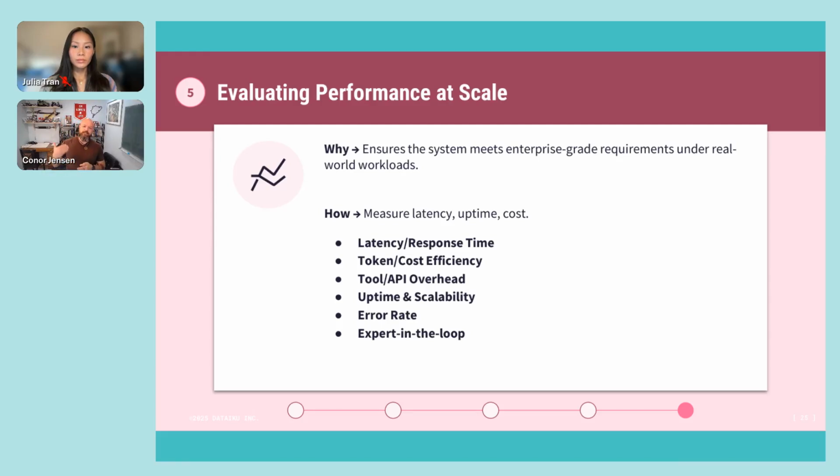So ensuring that we're meeting enterprise grade requirements under real world workloads is easy to say, hard to do. This tends to be something that you have to be really, really aggressive in testing before you really start to roll agents out. So measuring something like latency and response time. Yes, of course, as you're piloting or you're testing and building a tool, you do that.